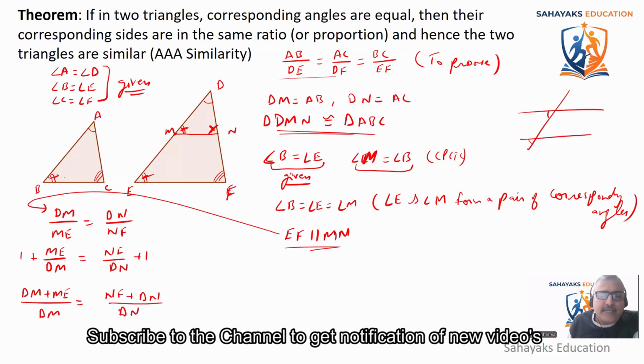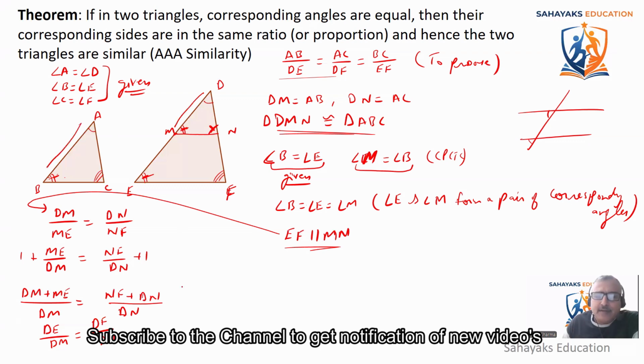So what does it imply? DM plus ME. What is DM plus ME? DM plus ME is DE. So I can say DE divided by DM is equal to, what is DN plus NF? DN plus NF comes as DF divided by DN. Okay. But we know that DM is equal to AB.